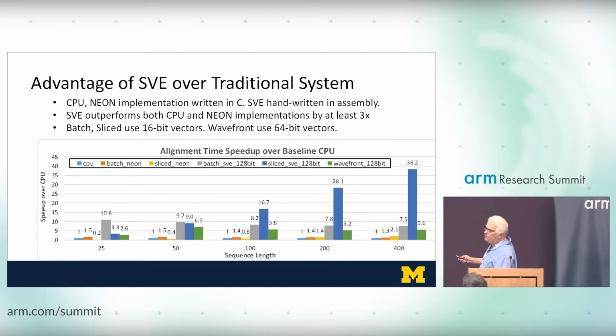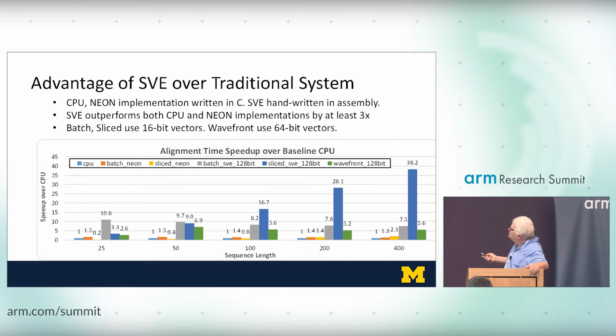We didn't do the wavefront on the neon, but you can see the next 2 figures. The number on top is how much faster they are than that 8-issue core. Now, the neon and the SVE also run at 1 gigahertz.